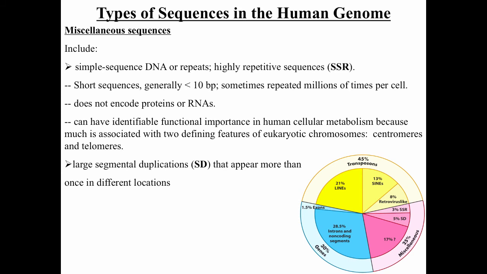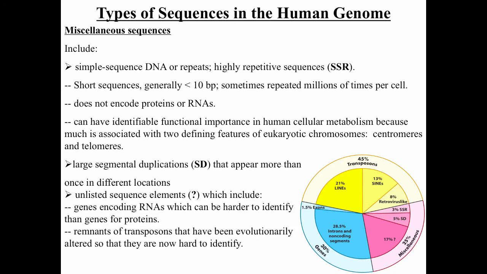It's literally what it sounds like: large segments of DNA that are duplicated, and they appear in more than one location. So you can have a duplication of DNA in one chromosome, and then a duplication of DNA in another chromosome. And then there are also what we call unlisted elements, where we don't really know exactly what they do.